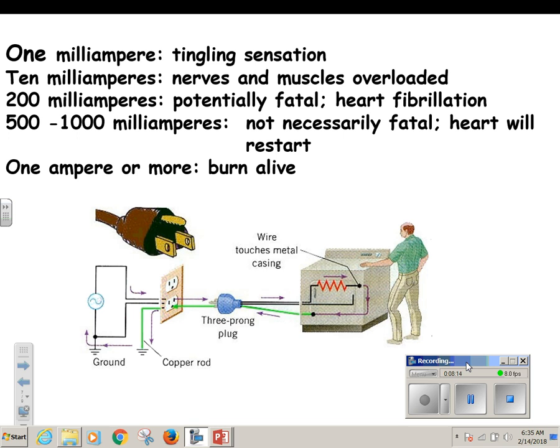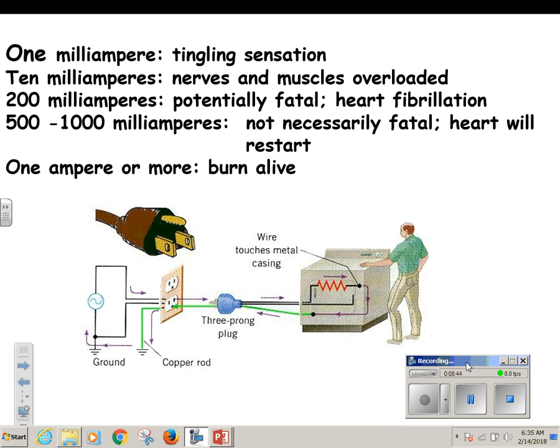200 milliamps is typically where they start a heart defibrillator. It can be fatal depending on how it's administered and if your heart is already beating and things like that. But they'll start with a charge of about 200 milliamps and go up from there. 500 to 1,000 milliamps could be potentially fatal, but again, your heart will restart with those types of milliamps.